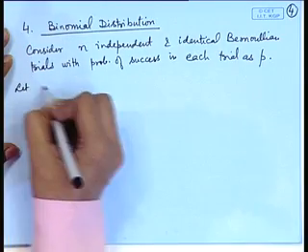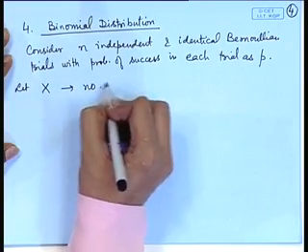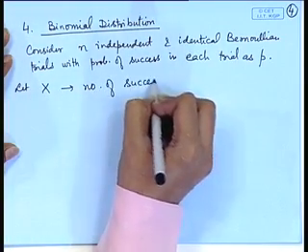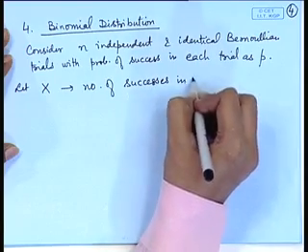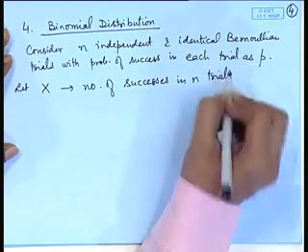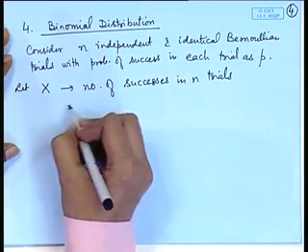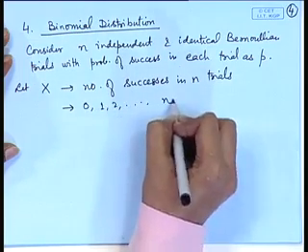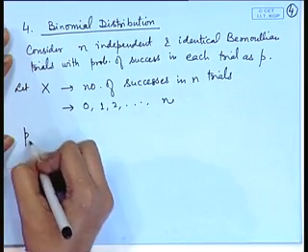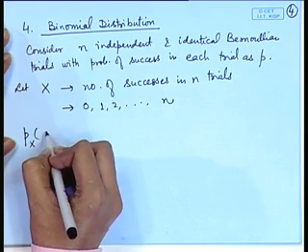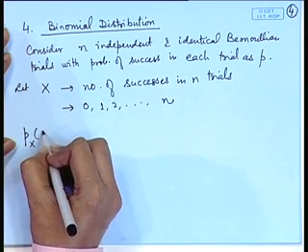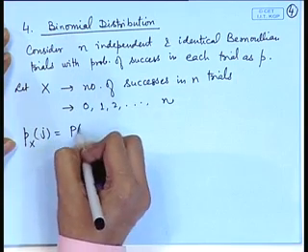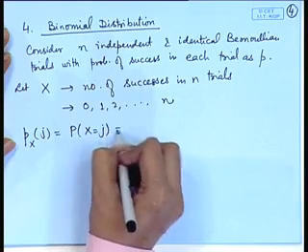Let us denote by x the number of successes in n trials. Then what are the possible values of x? X can take values 0, 1, 2, up to n. What is the probability that x is equal to say j?